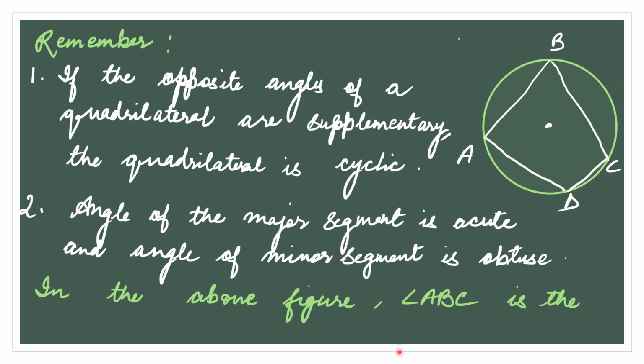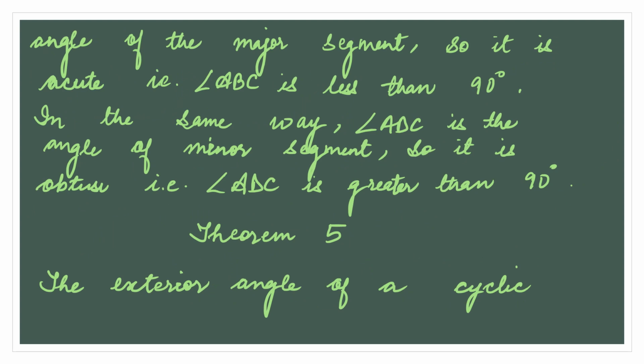In the above figure, if the angle of the major segment is acute, the angle of the minor segment is obtuse. In the above figure, ABC is the angle of the major segment, so it is acute.